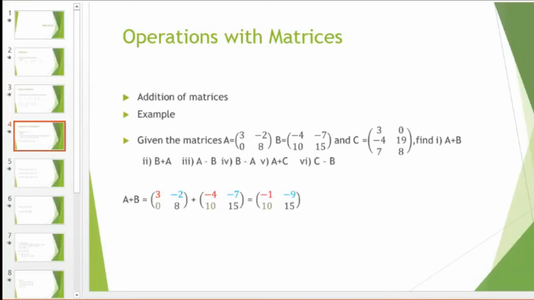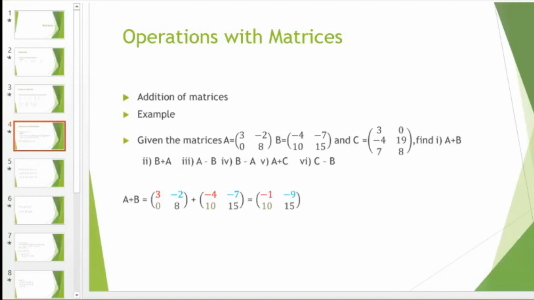In terms of addition and subtraction, the colors mean that we added the numbers that are in the same position for each matrix. So you'll notice that the 3 is the first element of the first row, or the first column.